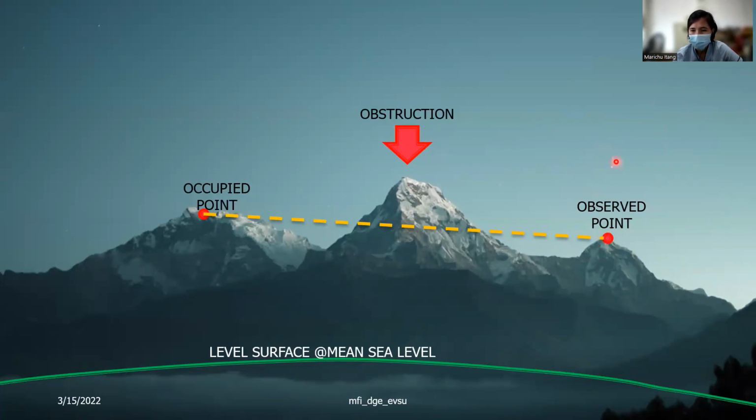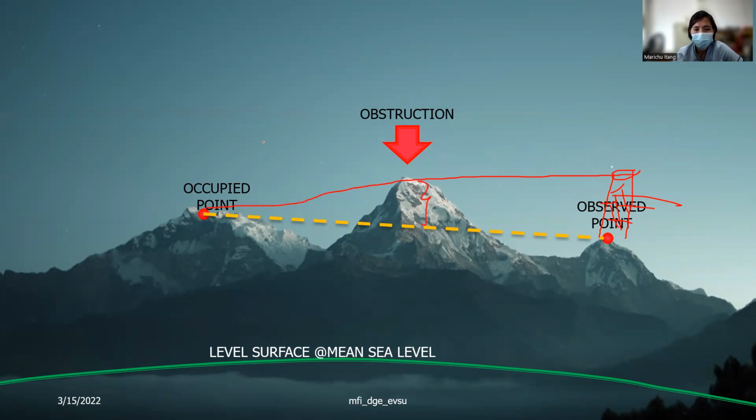If they construct a tower along here, let's say this is the tower, the line of sight will be able to pass through here, so it will no longer go through the obstruction.